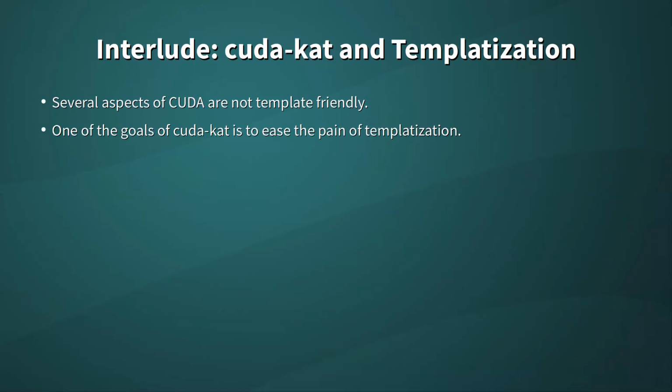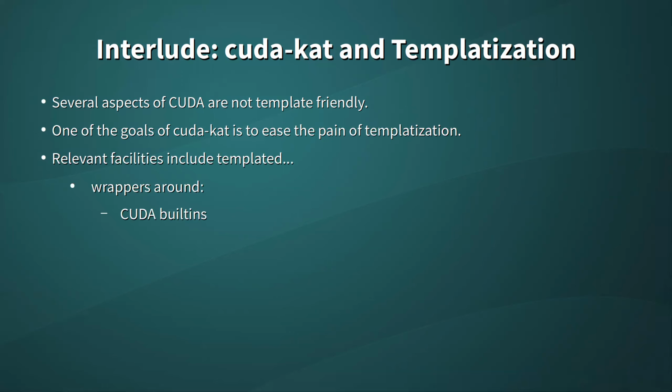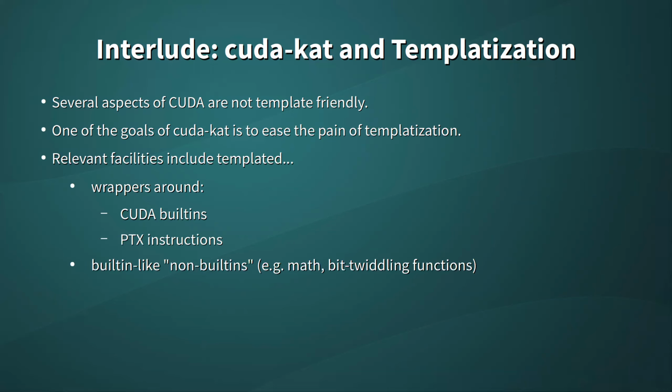So like I said, some of the aspects of CUDA are not very template friendly. So one of my goals with CUDA KAT is easing the pain of this templatization. We've talked about wrappers. There are also wrappers around PTX instructions, which are then templated, and the non-built-ins that I mentioned, and also for accessing dynamic shared memory.